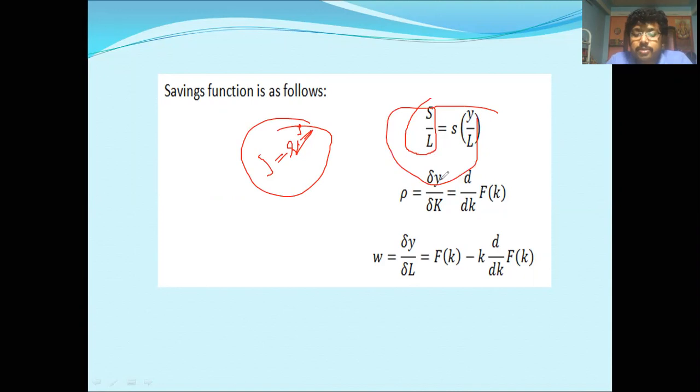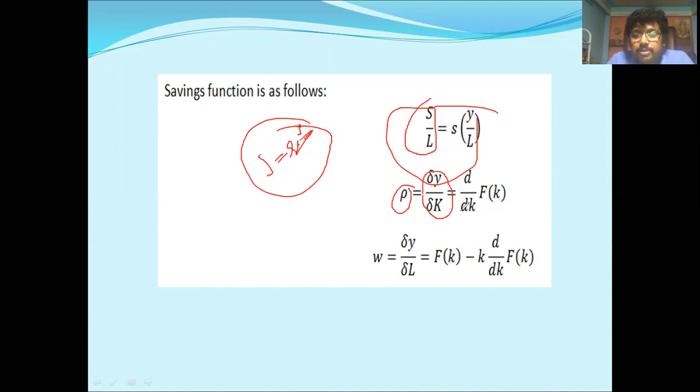Now the rate of interest. Since there is a competitive market, the real rate of interest is determined by del y by del k. That is the marginal productivity of capital.